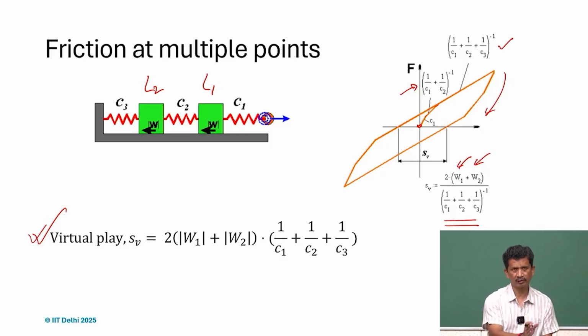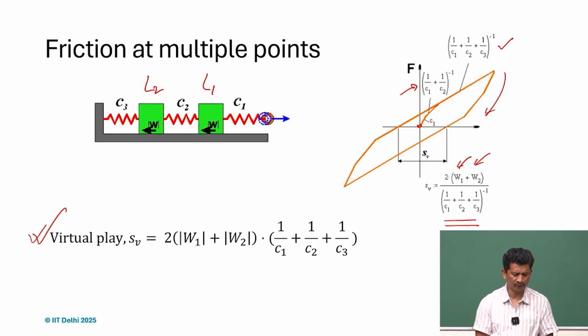So first C1 will deflect, then L1 will start moving, then C2 will come into the picture, then W2, the L2 body 2 will start moving, then C3. So that's how slowly the entire thing will start moving, and then as we reverse, it also reverses one by one.